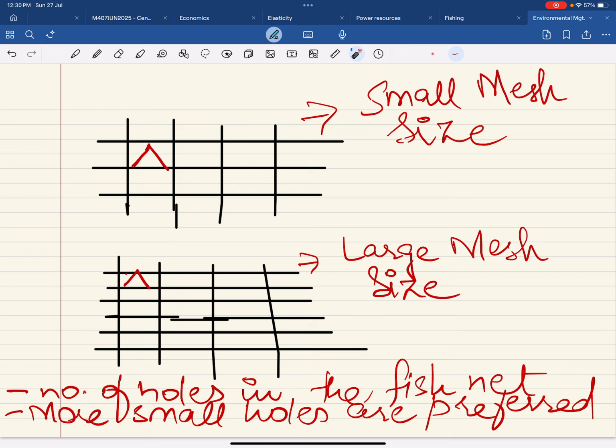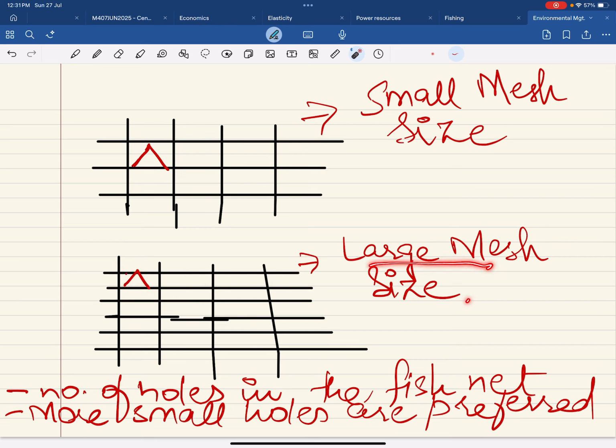However, a net which has larger holes will obviously have fewer holes, since they are larger in size. So if the net has larger holes, that is not allowed. The type of net which is allowed is the one which has smaller holes, which are more in number.